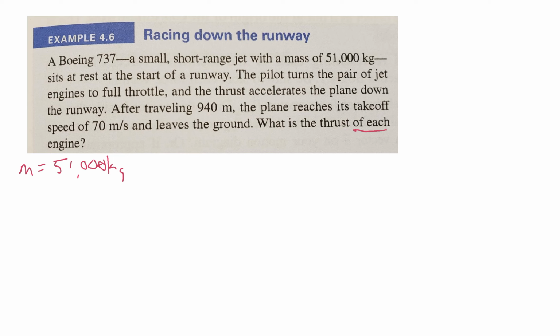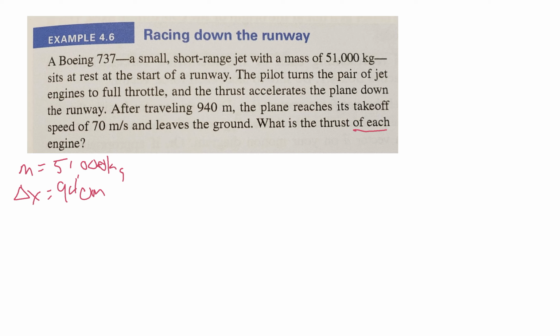What else do we know? Delta X. Do we know delta X? 940. Okay. Should I write it as delta X or should I write it as X sub I and X sub F? Delta. Okay, delta X equals 940 meters.